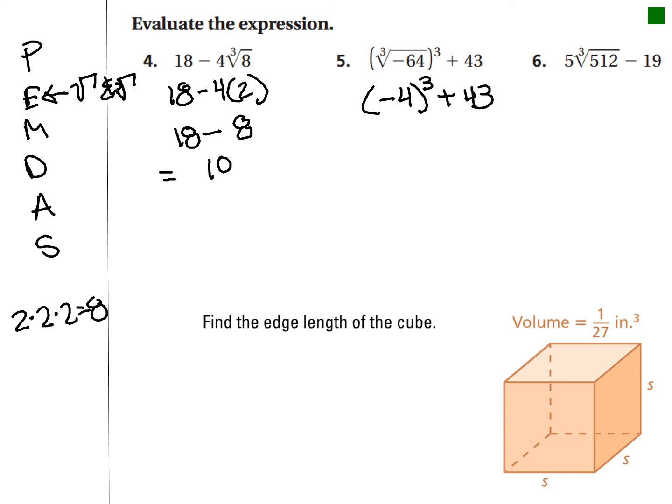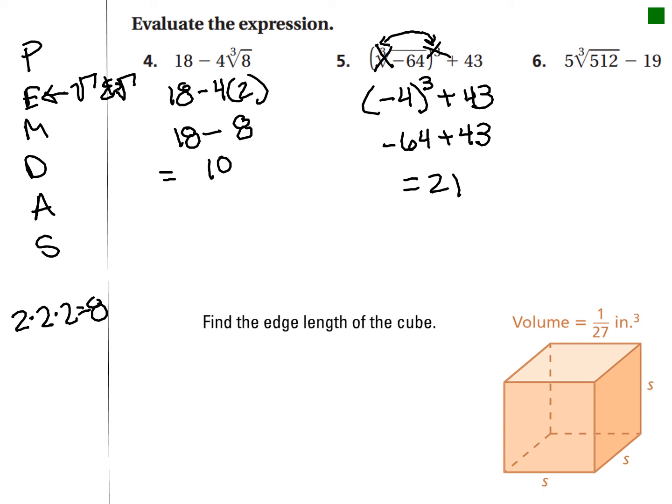Negative 4 cubed, 4 times 4 times 4 is 64, and it's negative 64, plus 43. Isn't that weird? I talked about this before. These two, cube root and cubing, are inverses, so they undo each other. It's like we never did those operations, and we could have just left it as negative 64. Negative 64 plus 43 is negative 21.